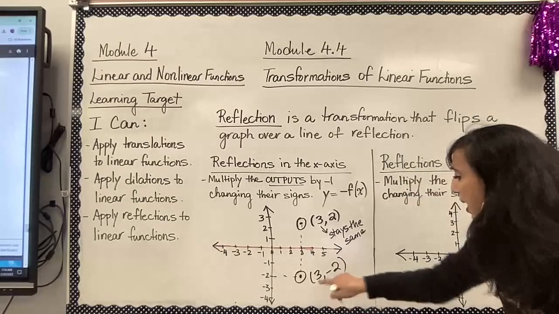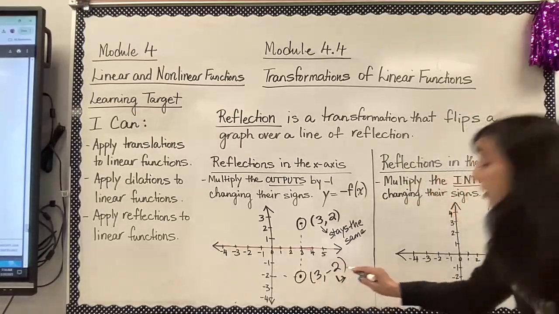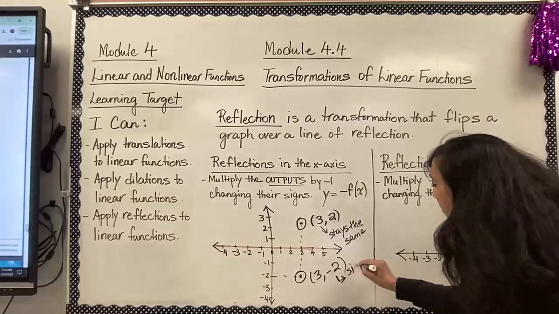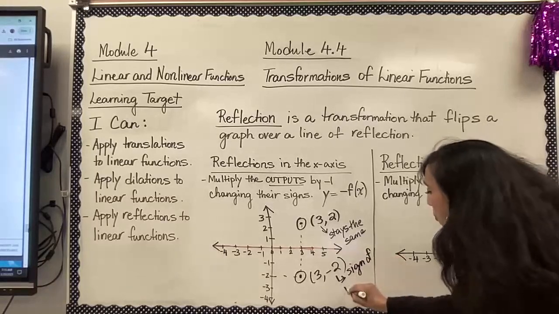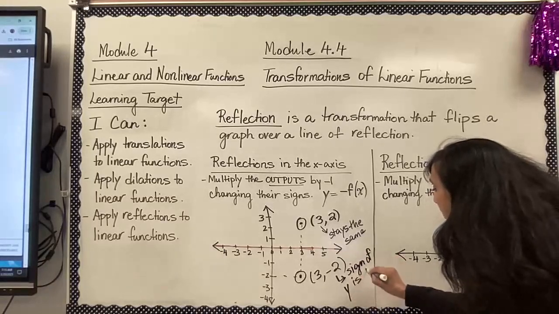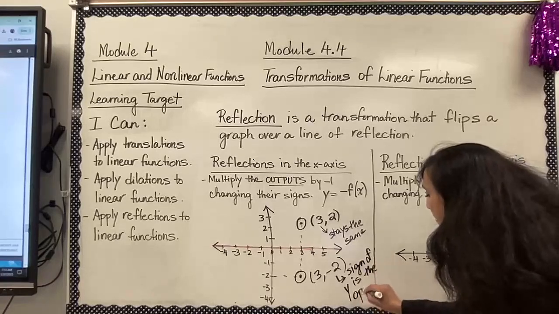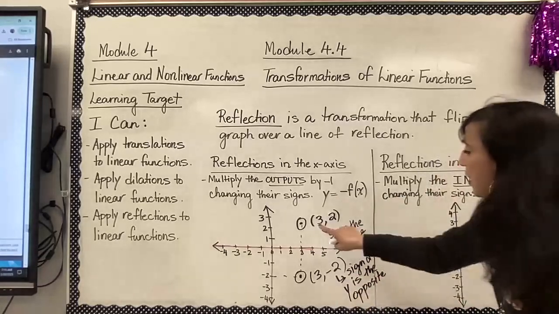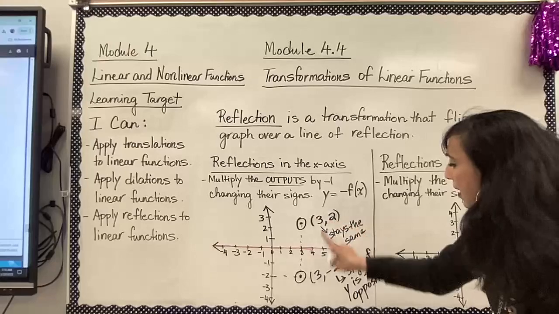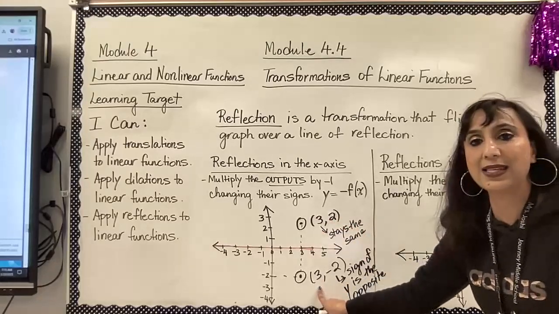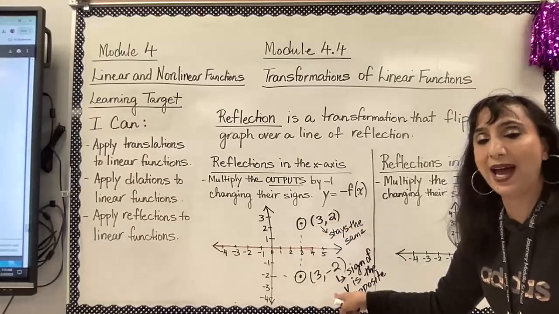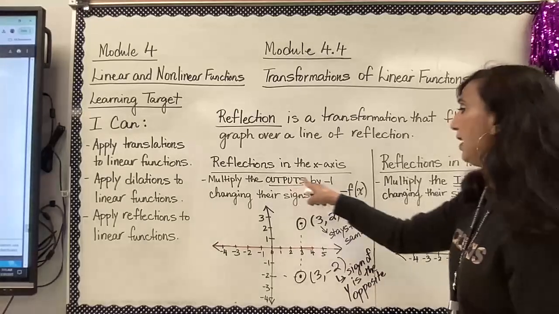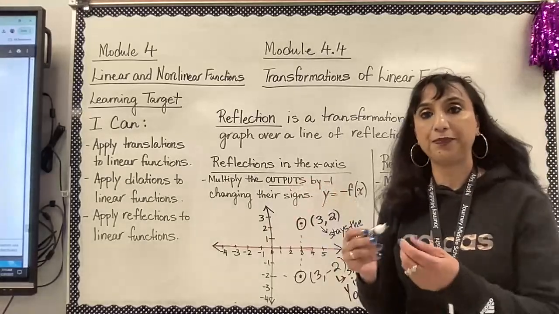X stays the same and the sign of y becomes opposite. Sign of y is the opposite or the inverse. Okay? So look, when I'm reflecting over the x, it's 3, 2. Once again, 3, that is x has stayed the same and the y has reversed. And that's what this means, because we are multiplying the outputs by -1.